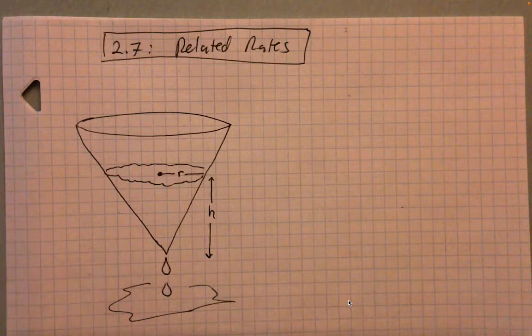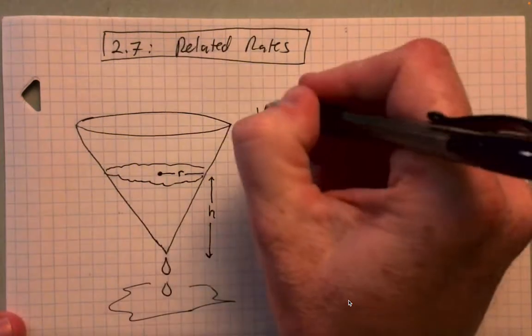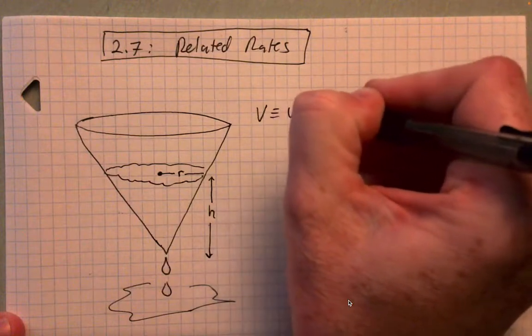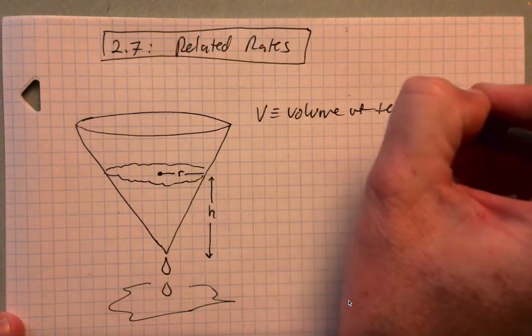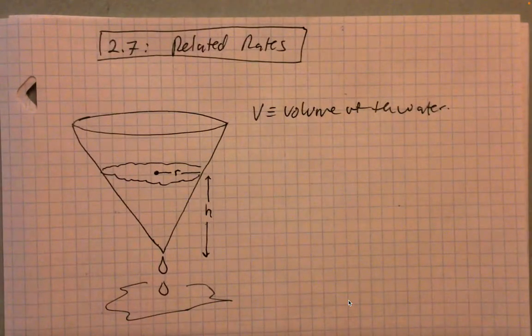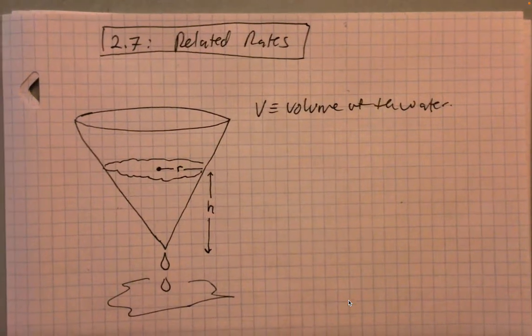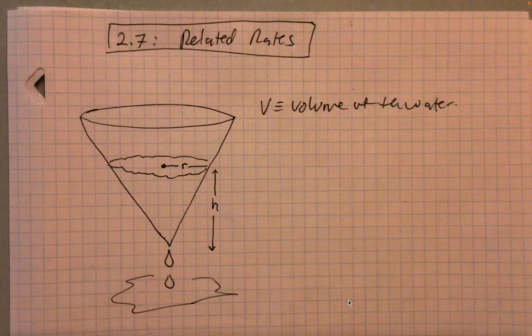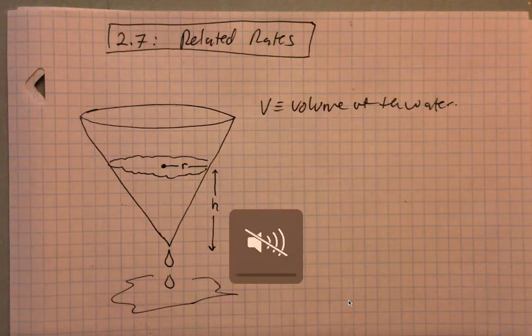And so the idea here is the volume, which we'll call V, the volume of the water. So the volume, the radius, the height of the water level, they're all functions of time. So right, if the water is draining out at a certain rate, the drainage is a function of time.